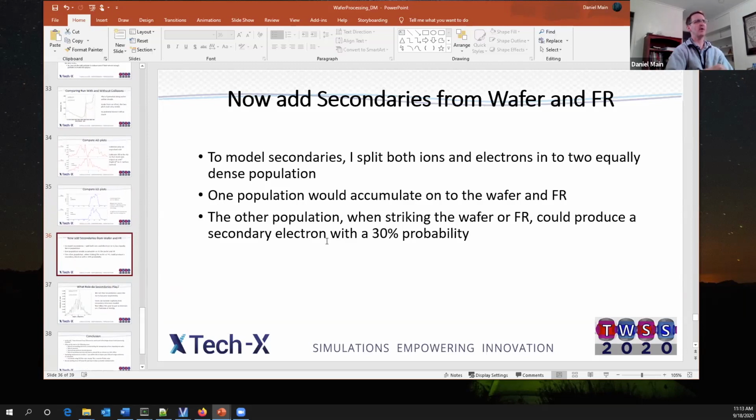My secondary model was pretty crude, I think. I would strongly suggest coming up with a better one, but this was just sort of a first stab at it to show that secondaries do have an effect. And so the secondary model would produce a secondary electron with a 30% probability. So that was just my first stab at, okay, what can secondaries do?